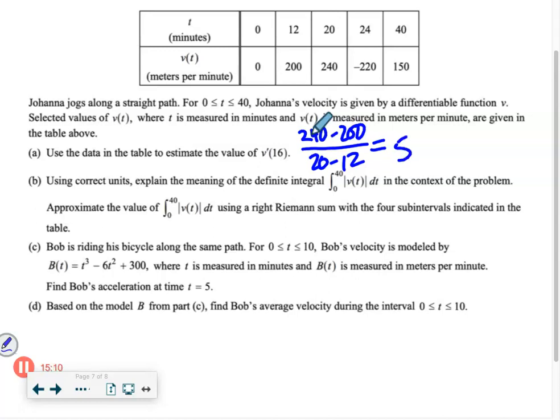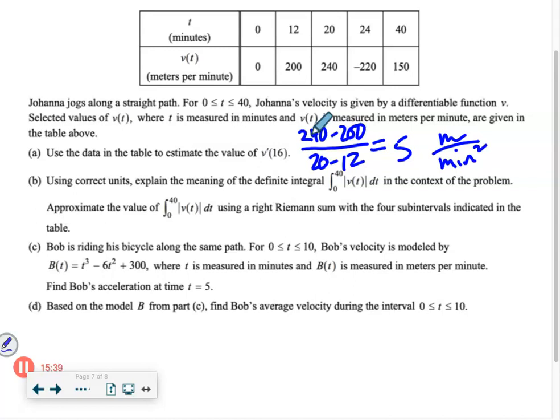It didn't ask for units, but let's just pretend it asked for units, right? So if it happened to ask for units, what would the units be for v prime? Meters per minute squared. Why? Because the top is in meters per minute and the bottom is in minutes, so it's meters per minute divided by minutes, right? Meters per minute squared.